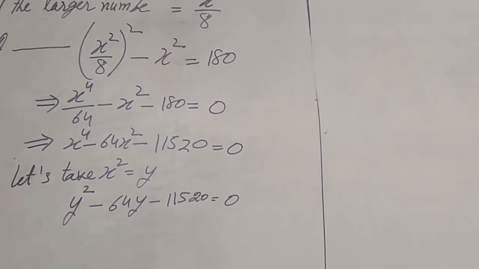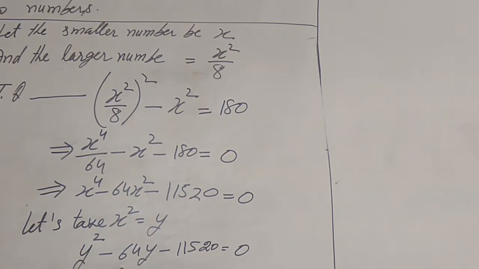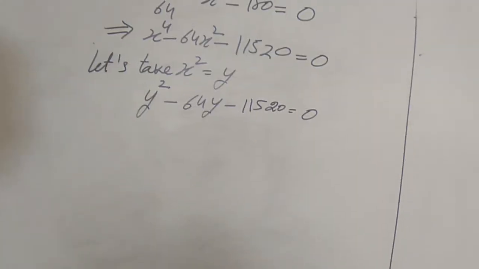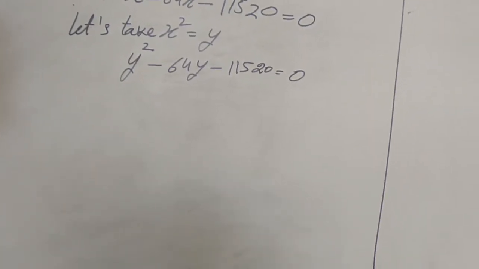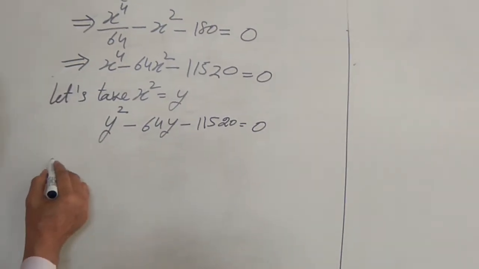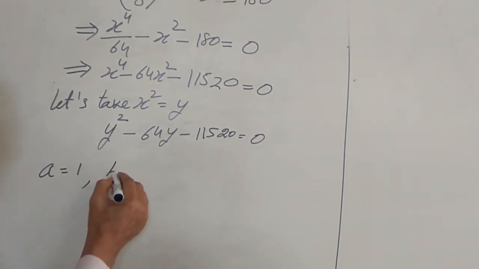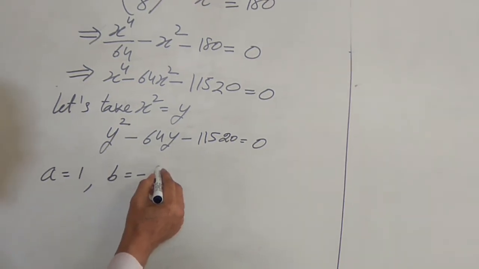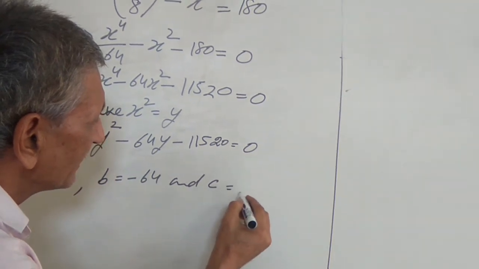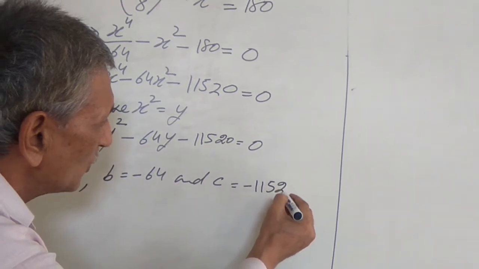Now we have to solve it either by factorization or by the quadratic formula. Here A is 1, B is minus 64 and C is minus 11,520.